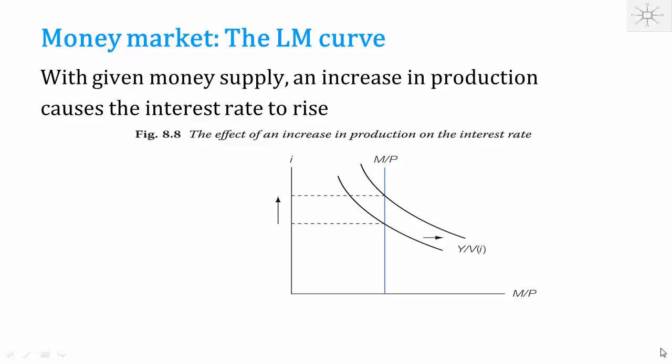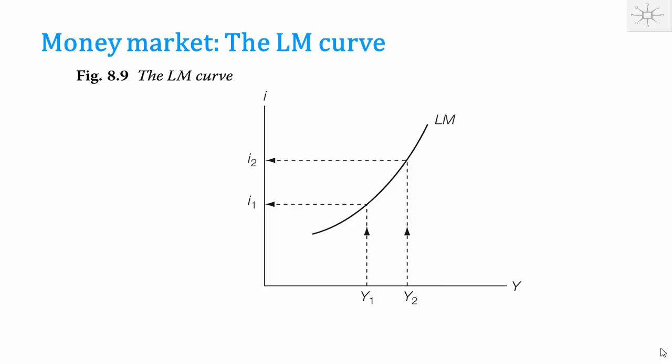So this shows that if there is an increase in production and transactions, so people need more money, there will be kind of a shortage of money, and that will push up the interest rate. And this is the LM curve. So we can draw that relation in a graph where we have production on the horizontal and the interest rate on the vertical level.